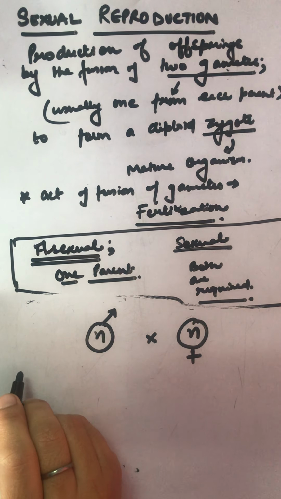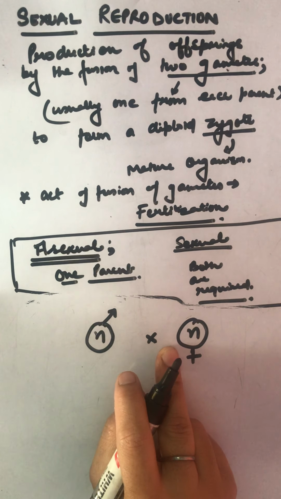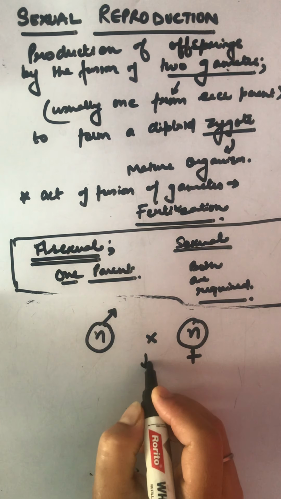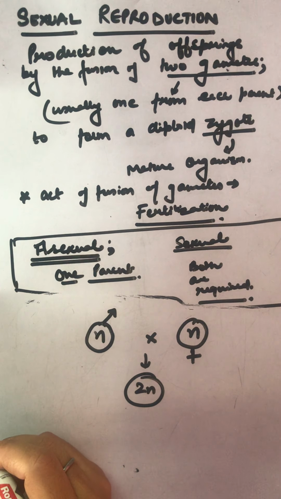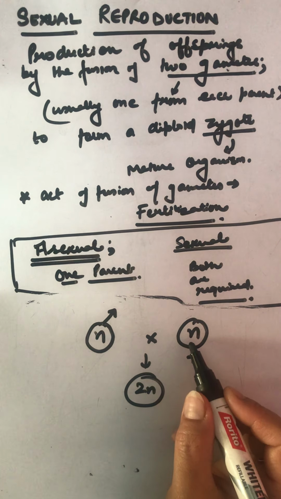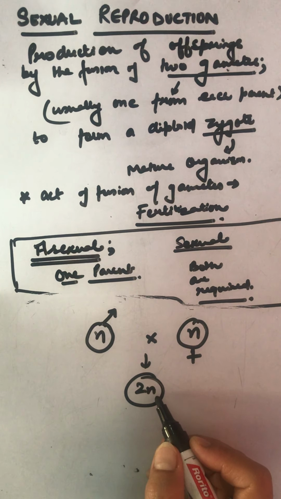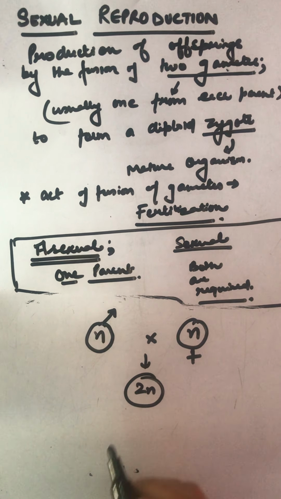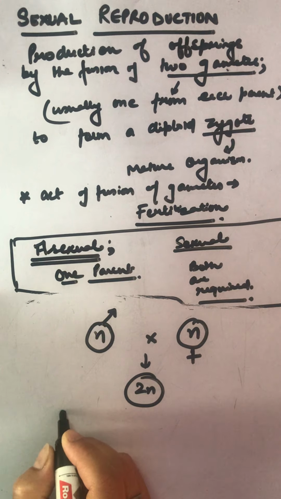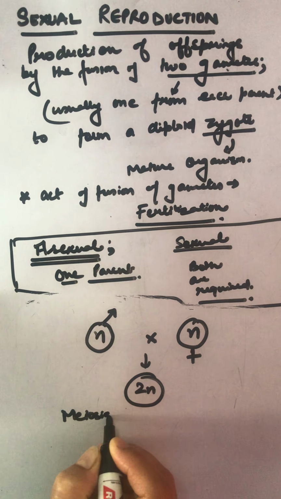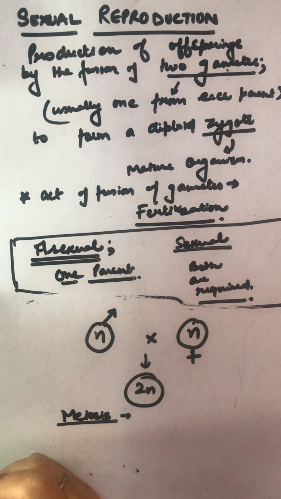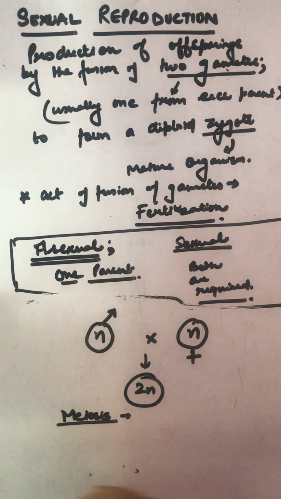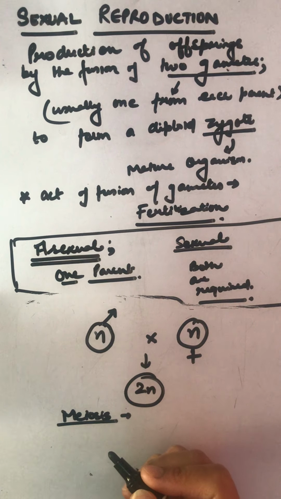Obviously, fertilization of these two will restore the number to 2n. Therefore, we say whenever meiosis takes place in sexual reproduction, there are certain advantages over asexual reproduction.